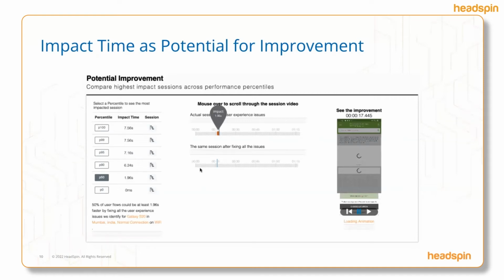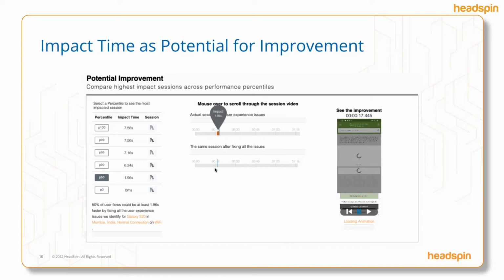At the top, we have the session duration and timeline with issues and the impact time included. You can see there's a little orange bar here, an impact time of about 2 seconds. And when you play back the video from this timeline, it'll show you that screen recording with the full session and including the issue, in this case, a buffering animation.